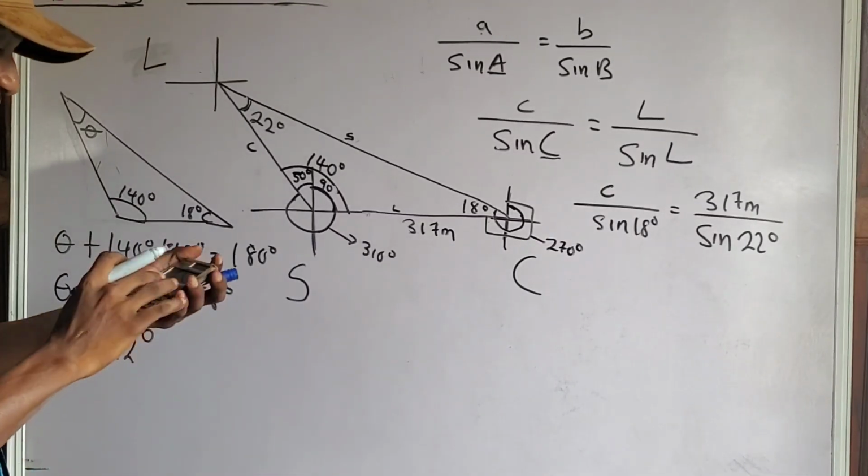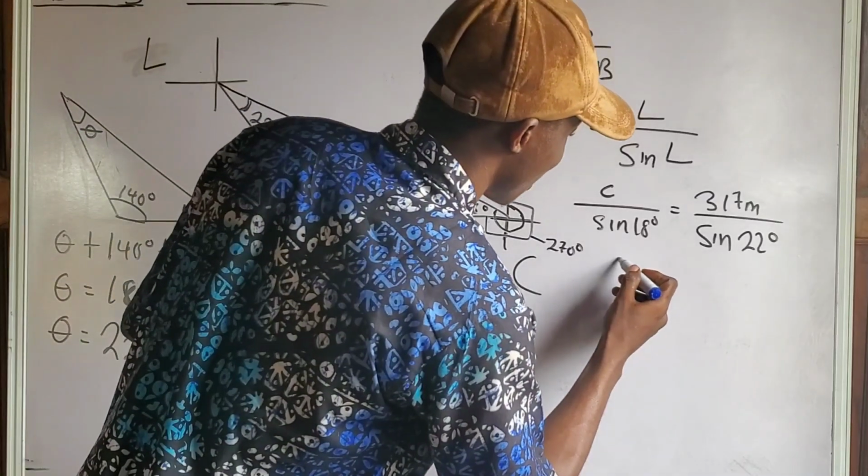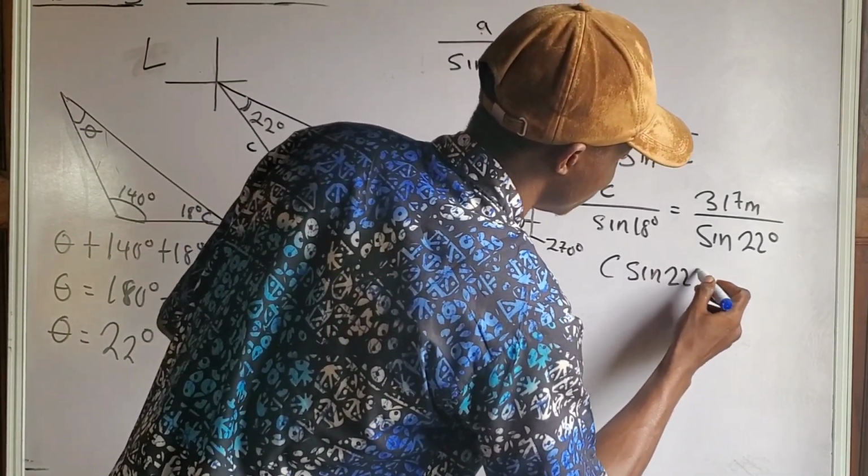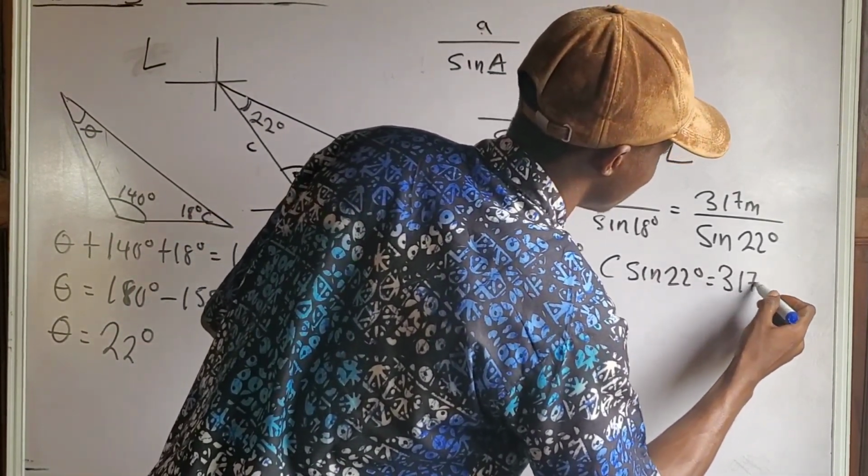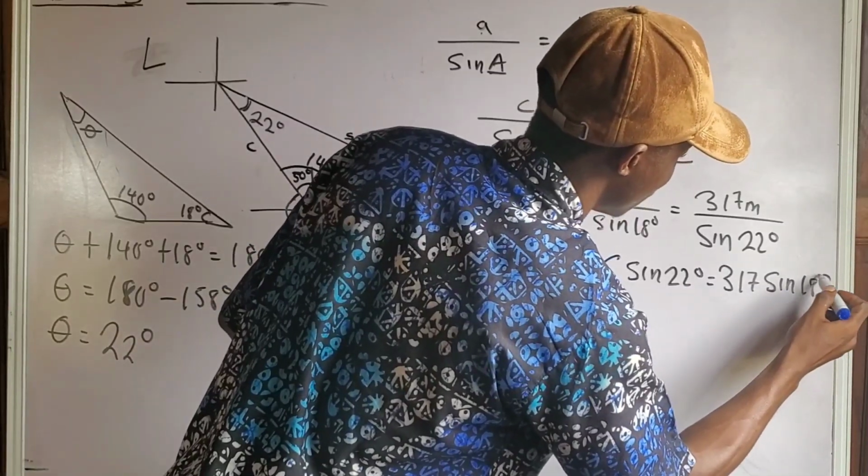Now, let's cross multiply. I'm going to have C sine 22 degrees equals 317 multiplied by sine 18 degrees.